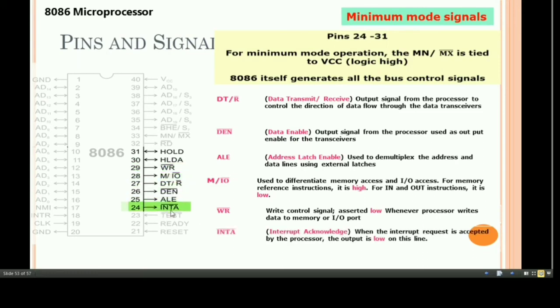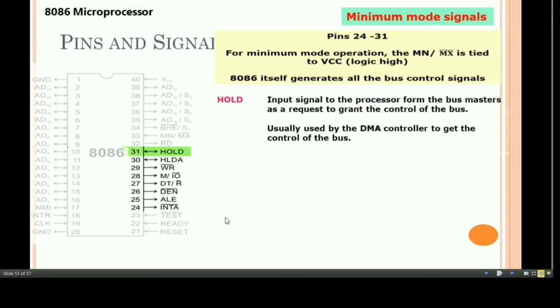Next is INTA bar, that is interrupt acknowledge. This is an output pin and it is active low. When the interrupt request is accepted by the processor, the acknowledgement is provided on this pin by making this pin active low.